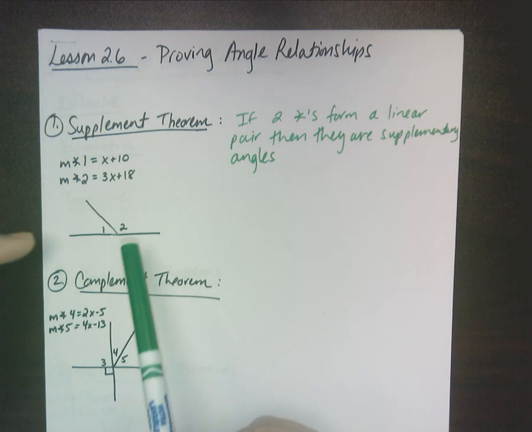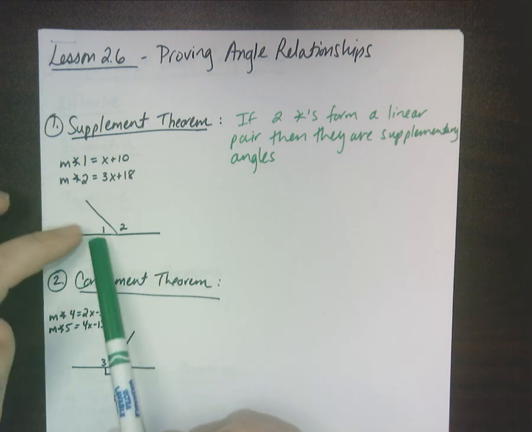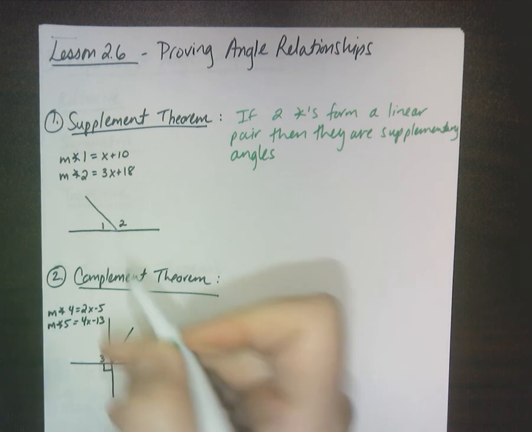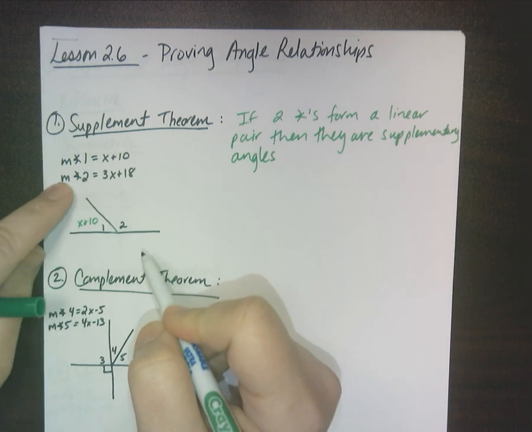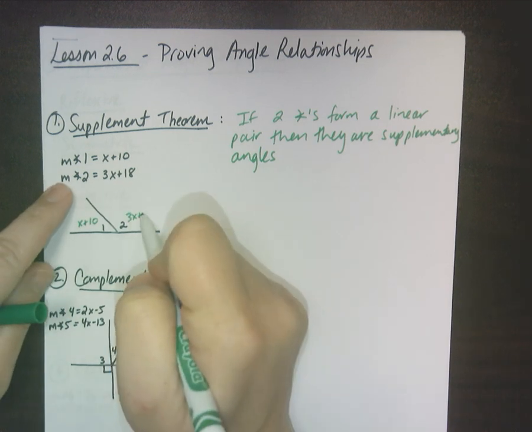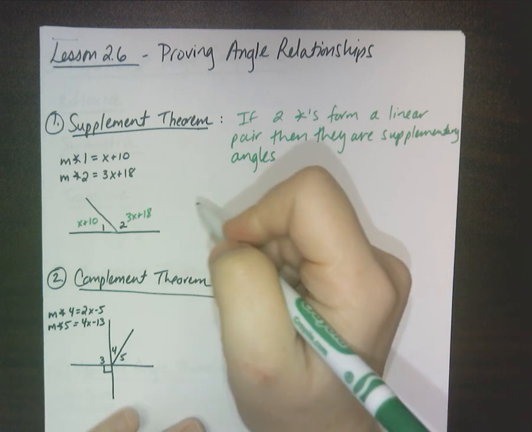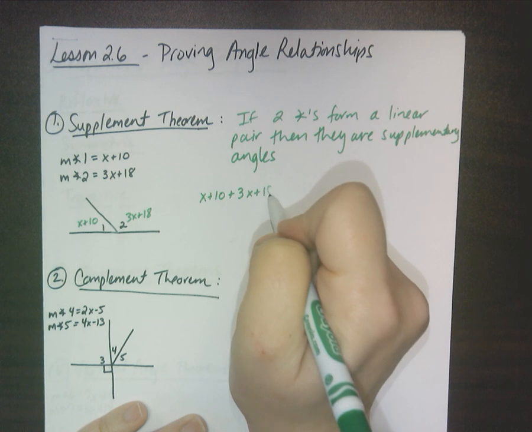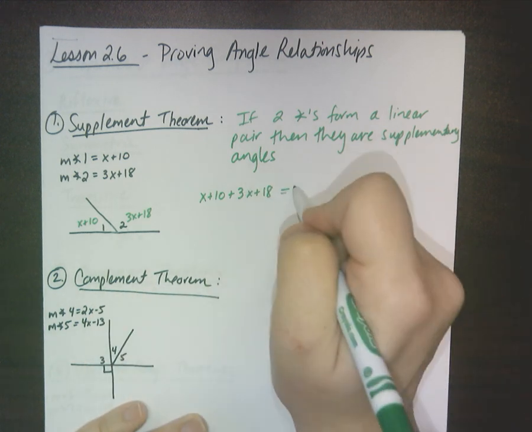So what does this mean? You'll be given some problems like this where they give you an angle. They tell you this is 1, this is 2. Oh, it's making a line. So if the measure of angle 1 is x plus 10, and the measure of angle 2 is 3x plus 18, how could I solve for x? Well, I could put them together, x plus 10 plus 3x plus 18, angle 1 and angle 2, and set it equal to 180.